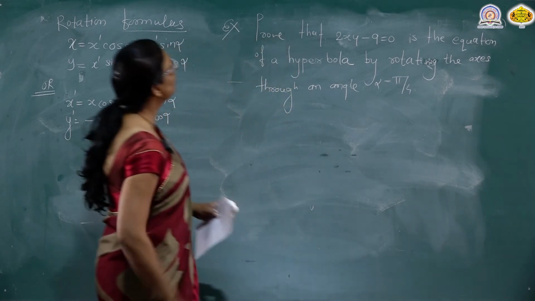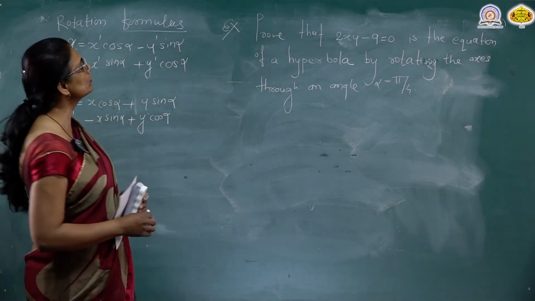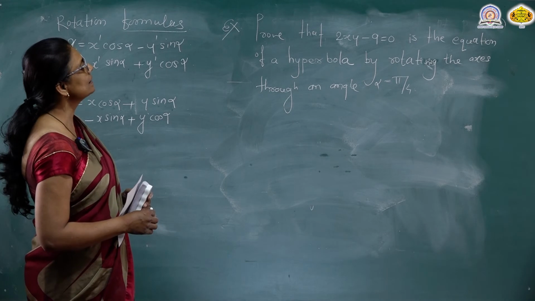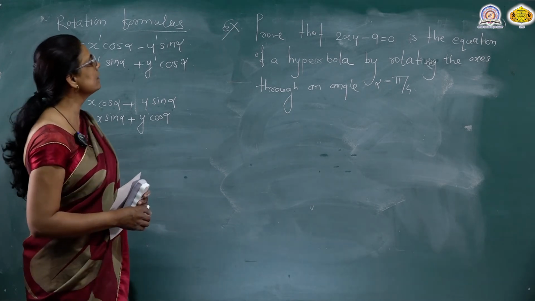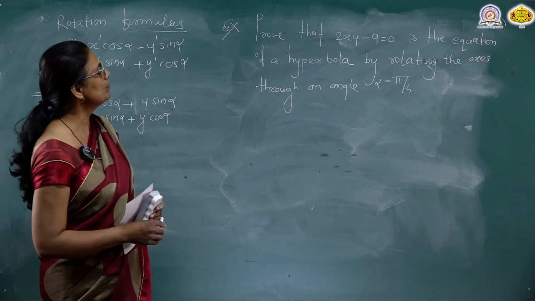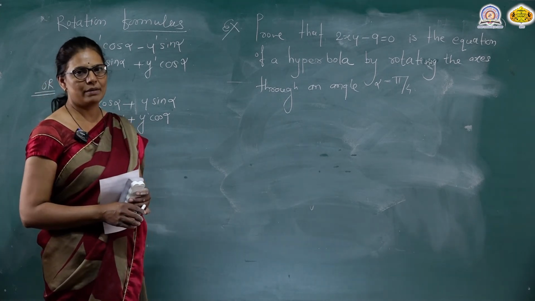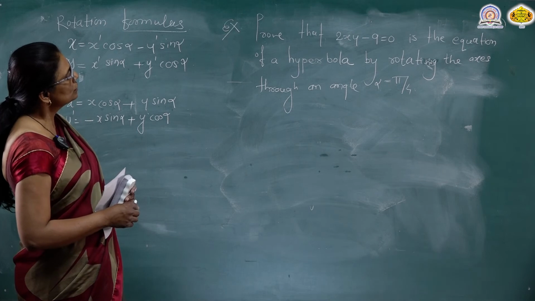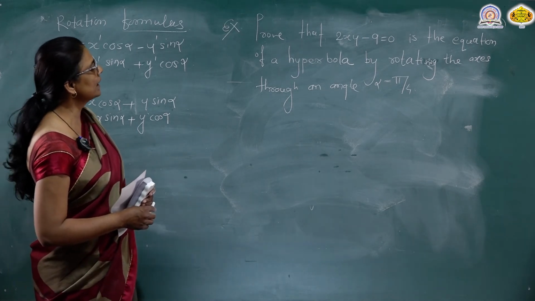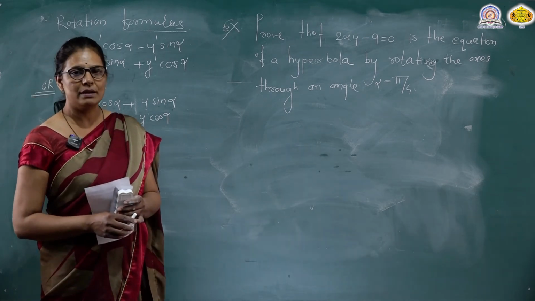So read the example carefully. Prove that 2xy minus 9 equals to 0 is the equation of a hyperbola by rotating the axis through an angle alpha equals to pi/4. So now first we have to rotate the axis through an angle alpha, which is pi/4.